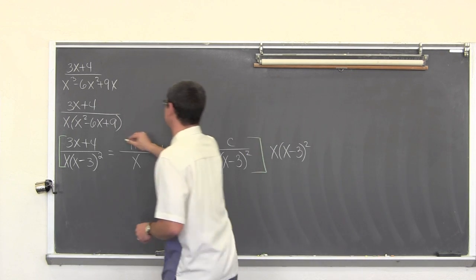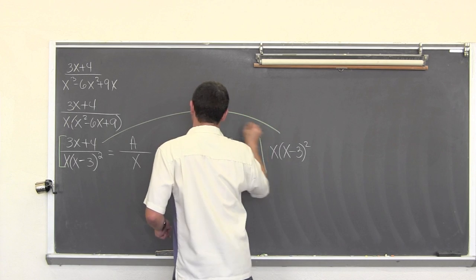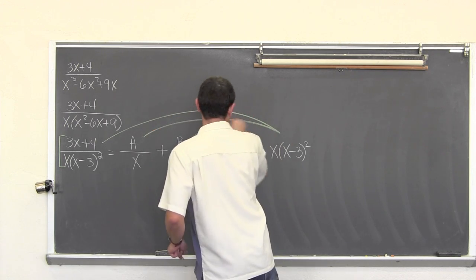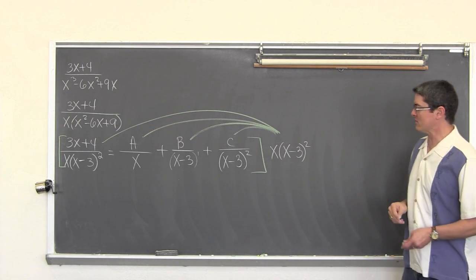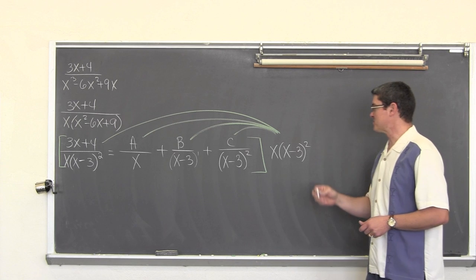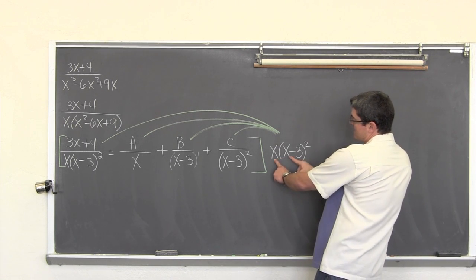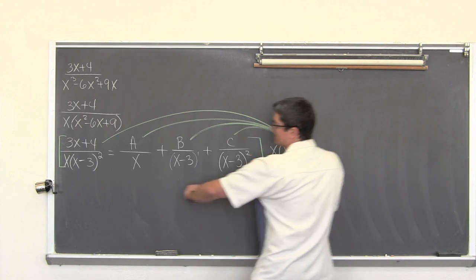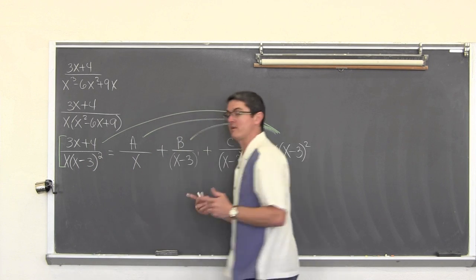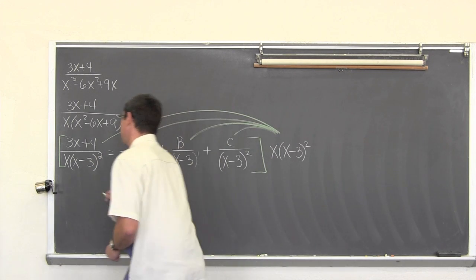Now when we do that, and I can see already that I'm certainly going to have to pause this video and clean up the board once we're full here pretty soon. So the x times x minus 3 squared and this x times x minus 3 squared are going to cancel out. So we have 3x minus 4 on the left.